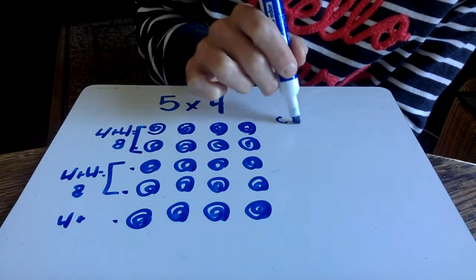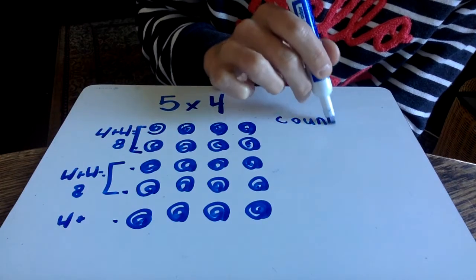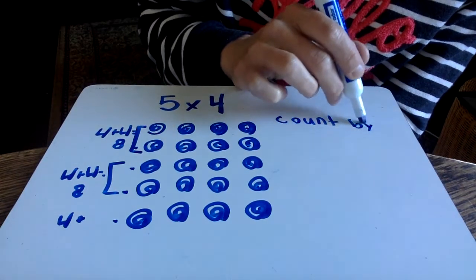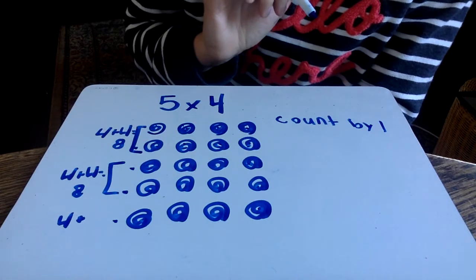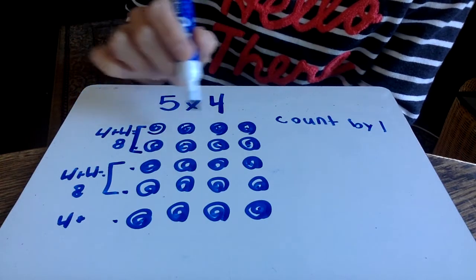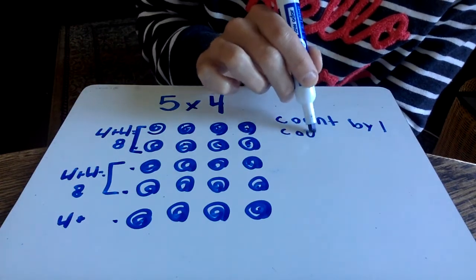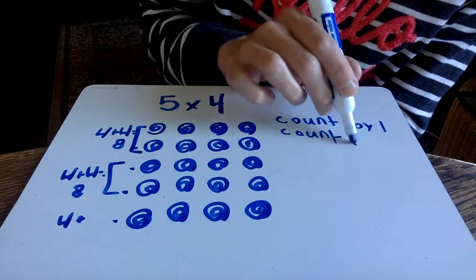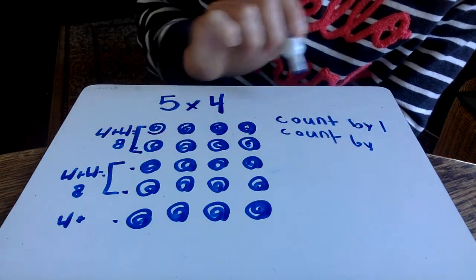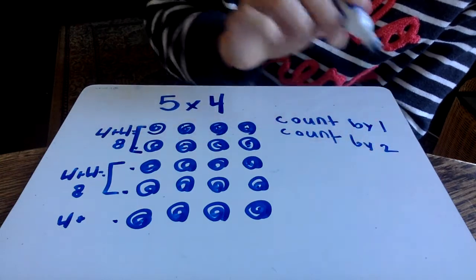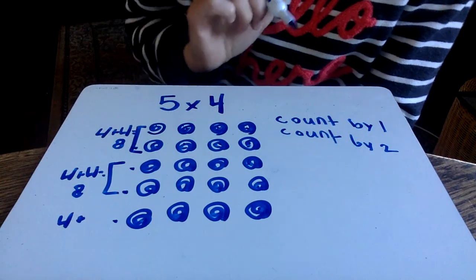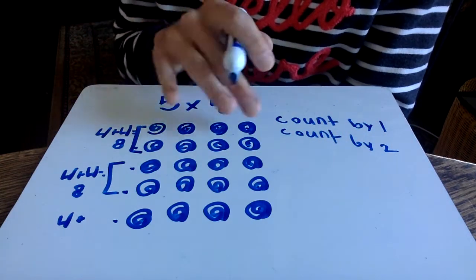Count by 1. Would you count by 2? 2, 4, 6. That might make sense if you can see the picture.